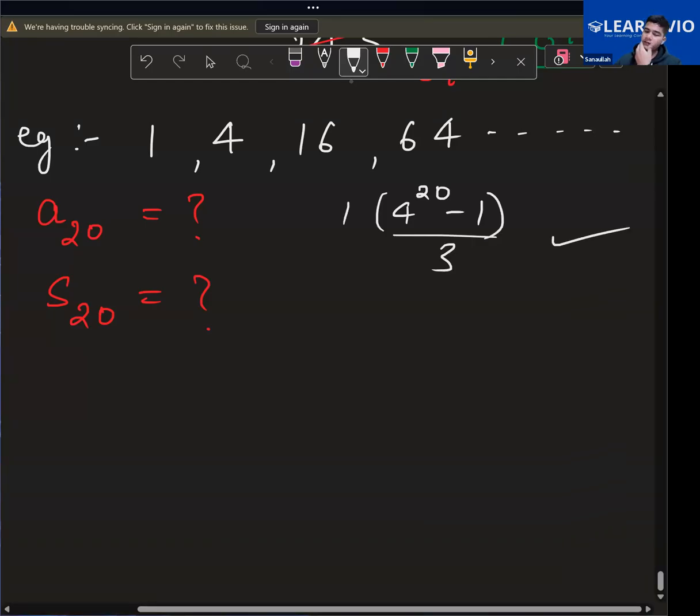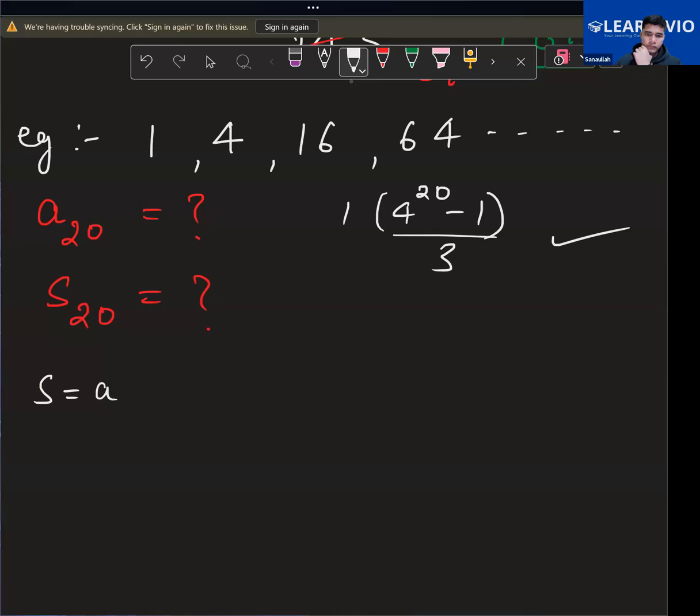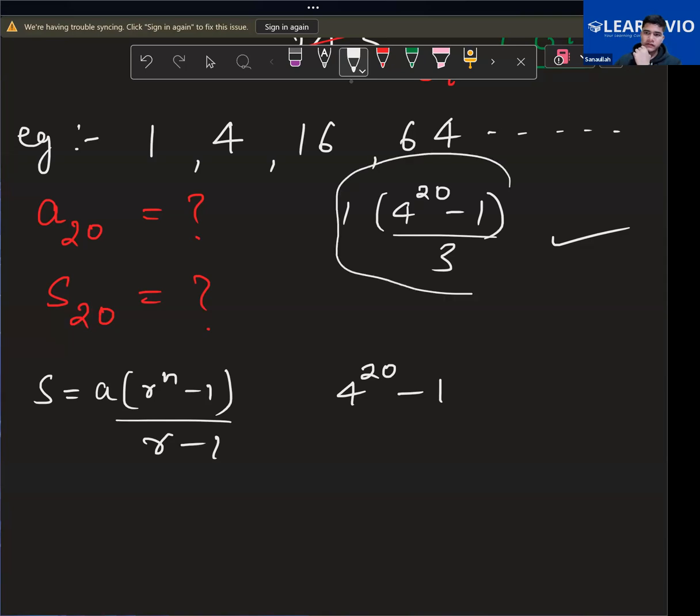Yeah, that is right. And for S20, I'm getting 1 into 4 to the power 20 minus 1. This is the formula for the sum, no?